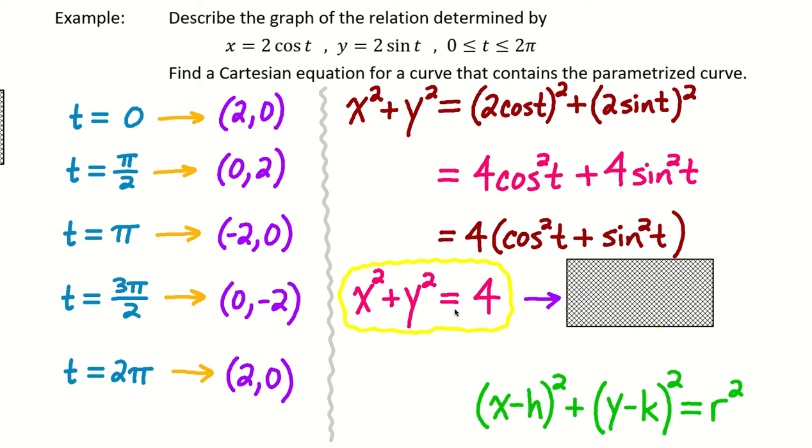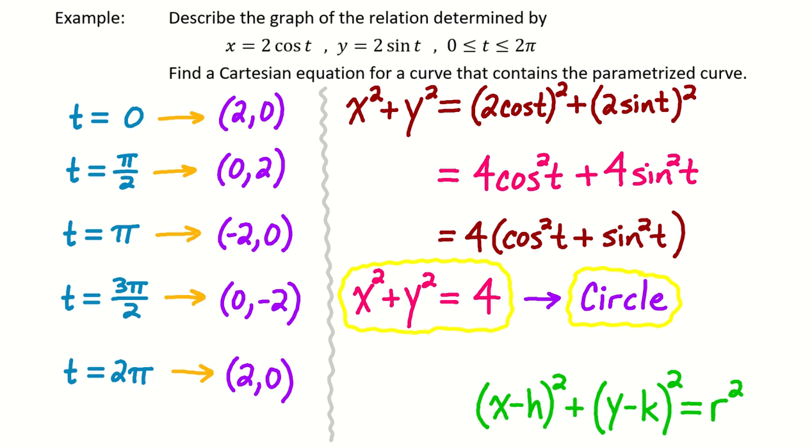Long story short, to get us back on track here, this is a circle because it fits this standard form of a circle. And is it the entire circle? Well, you can go to the t-values and do a little investigation, and yes, it looks like it's going to be the entire circle.